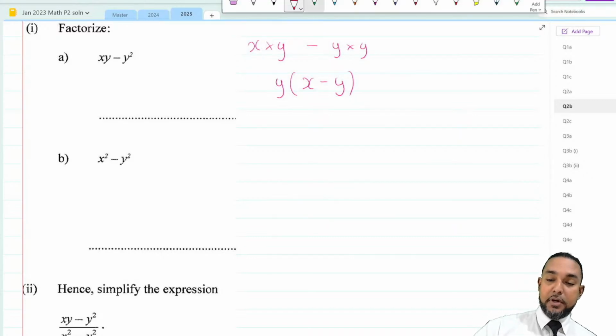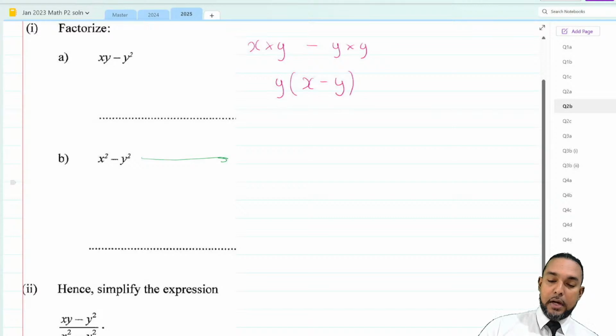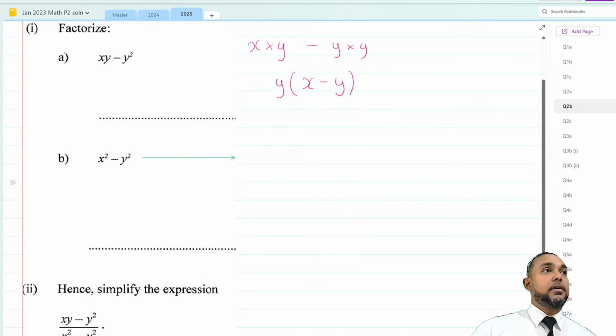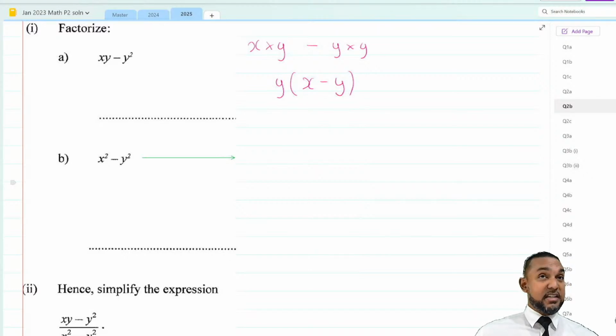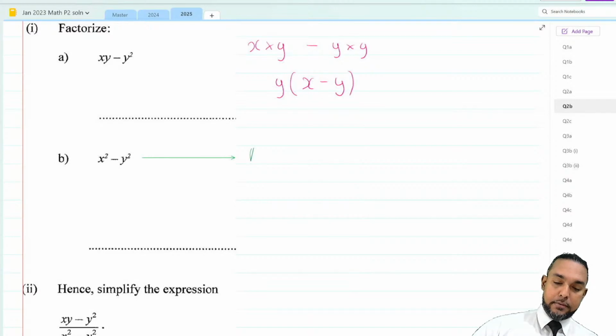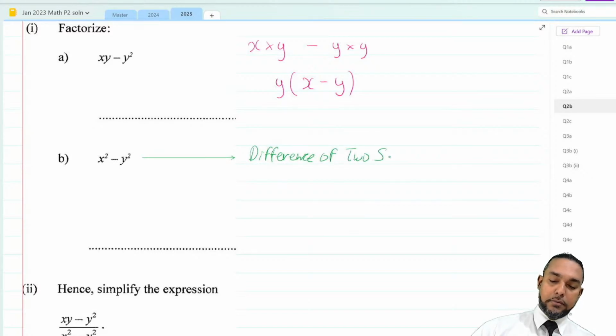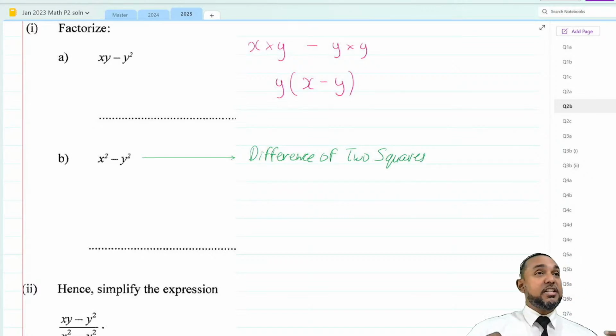Now, this one down here is a little more involved. It appears there's no common factors, right? This is a special case called the difference of two squares. Right, so this is a special case.